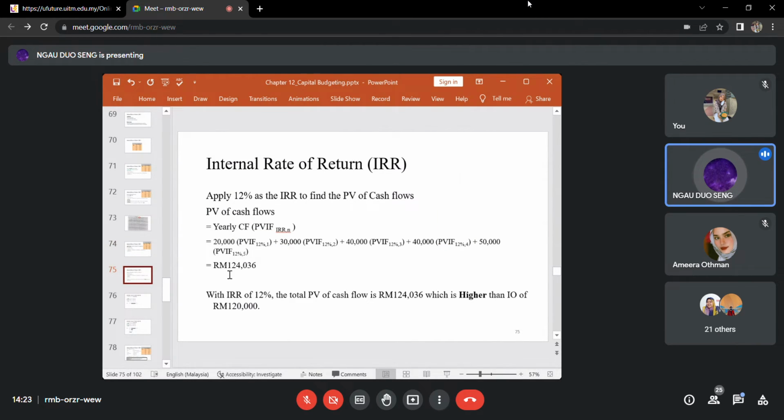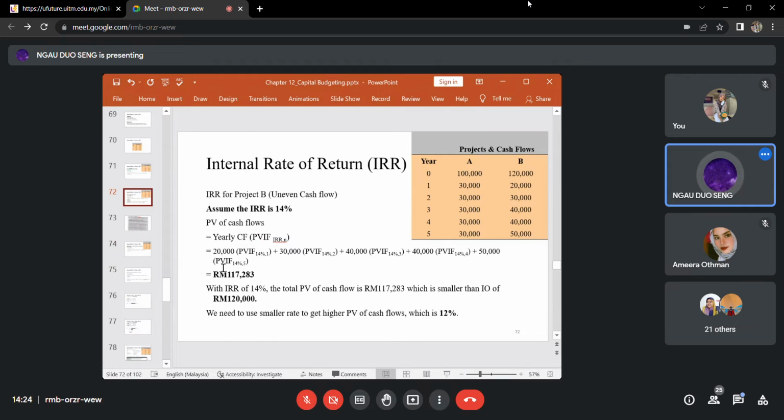So we'll get 124,036, right? So with IRR of 12%, the total present value cash flow is 124,000, which is higher than the initial outlay of 120,000. So sekarang kita sudah ada gap there in between.